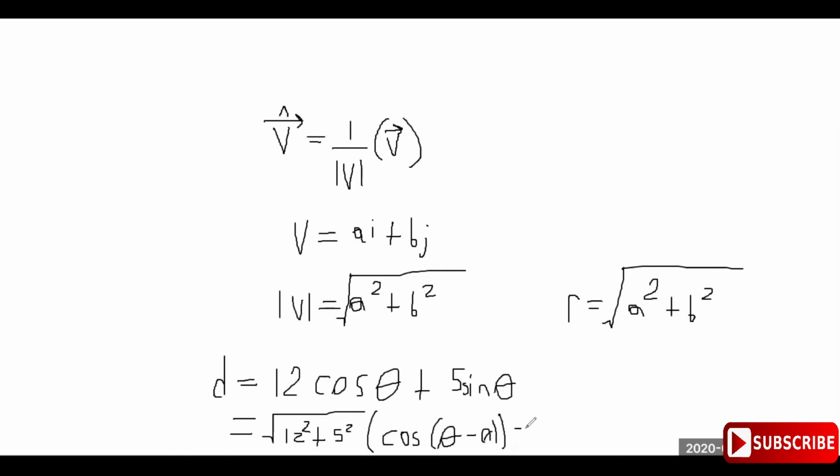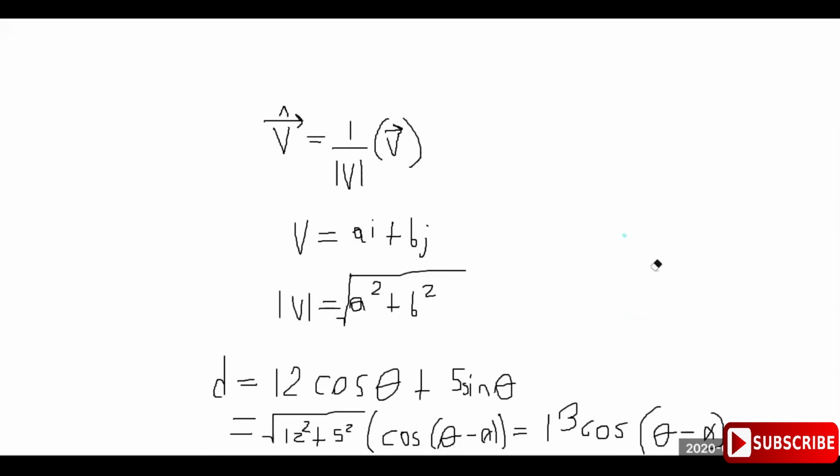We use theta minus alpha. I'm going to show you why after this. So all of this is supposed to be 13 cosine of theta minus alpha. First and foremost, you know that the cosine of anything is between 1 and negative 1.